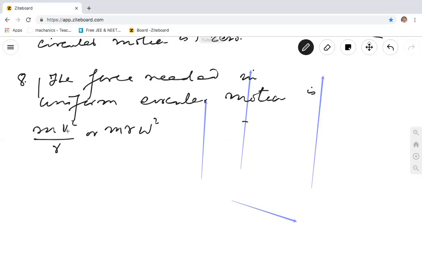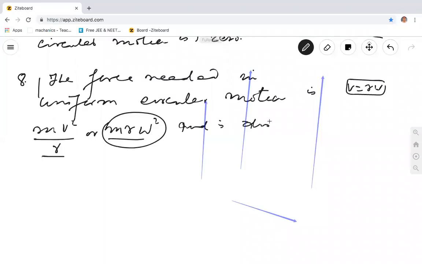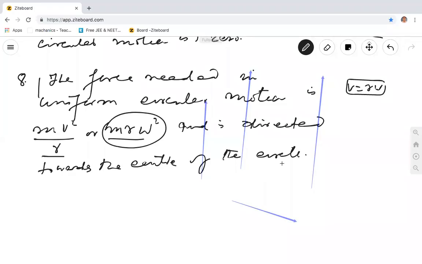When we substitute the value of r omega for v, because we already know v is r omega, it becomes this. The force needed in uniform circular motion is mv square by r or mr omega square, and is directed towards the center of the circle. That is all. These are some properties of circular motion.